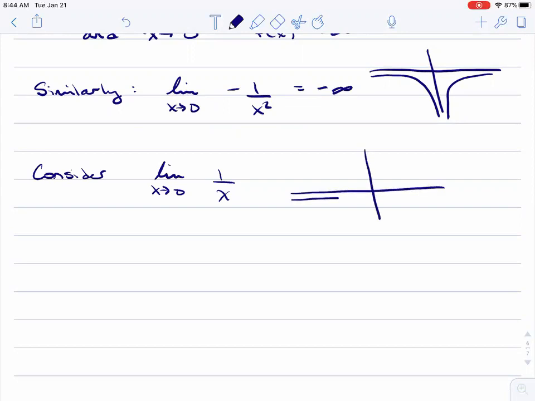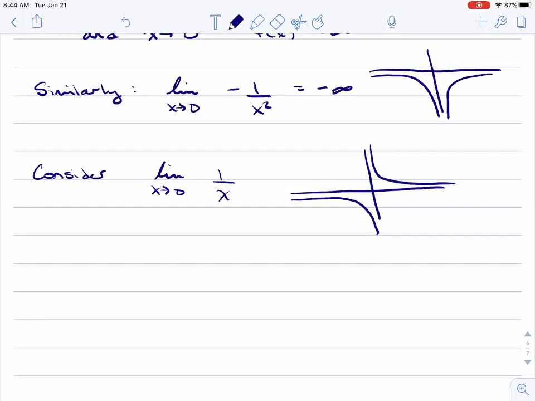So we've got zoop, zoop. So now the left-hand limit would be negative infinity, and the right-hand limit would be positive infinity. Those aren't the same, right? And so now the overall limit as x goes to 0 does not exist, right?